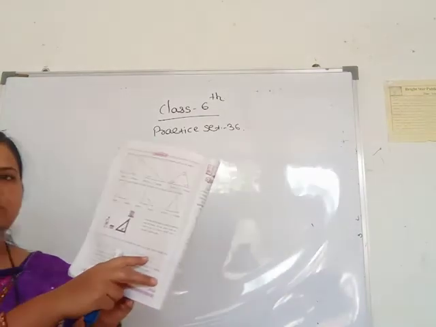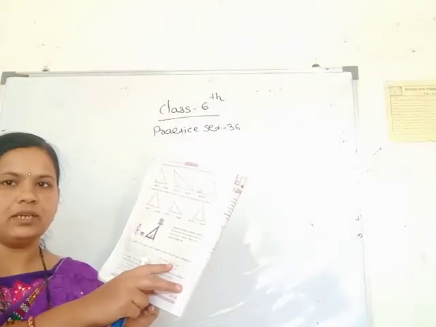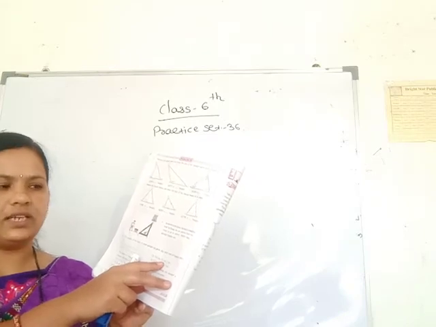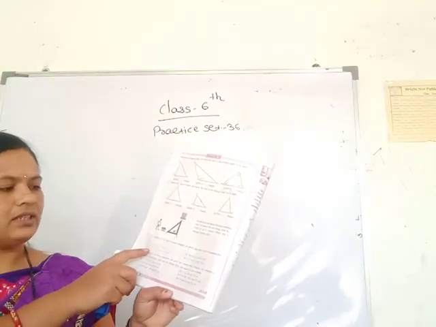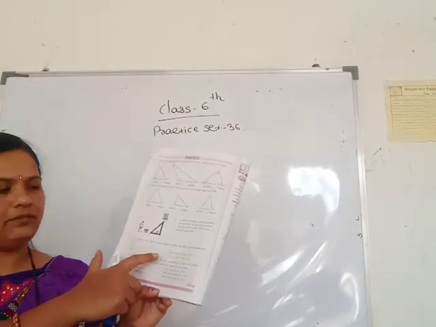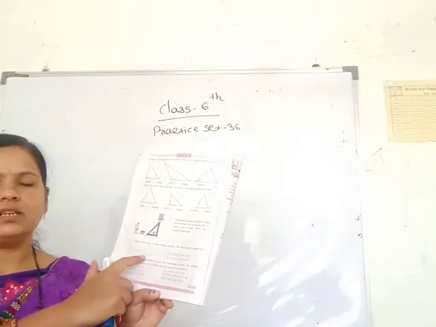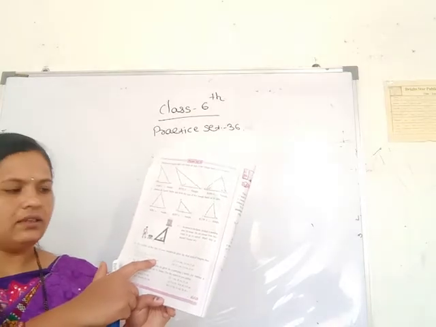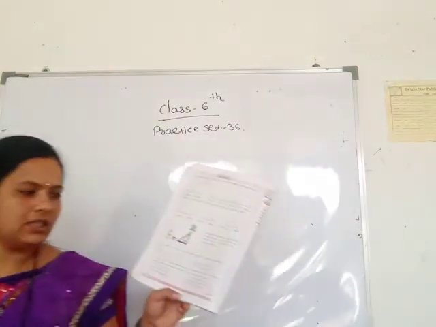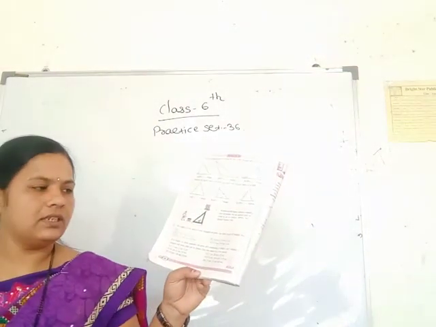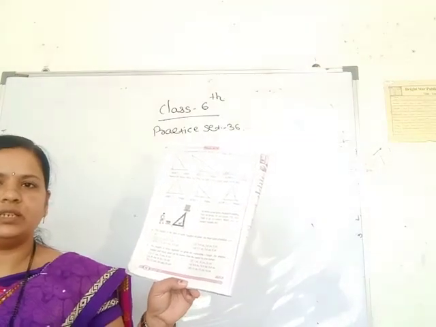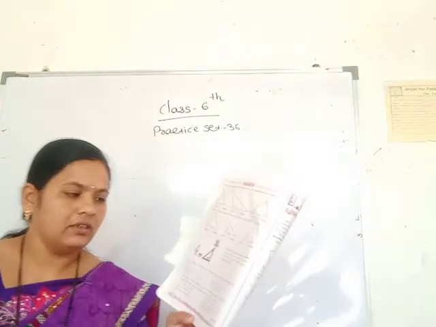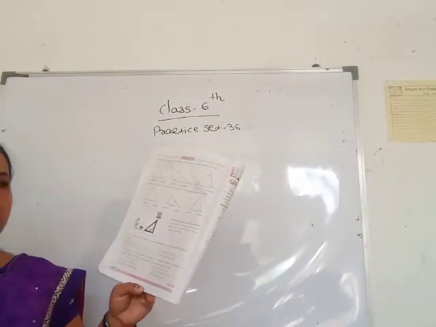Only two sides are equal, so this is an isosceles triangle. Third: 4.3, 4.3, 4.3. Three sides are equal, therefore this is an equilateral triangle. Fourth: 3.7 cm, 3.4 cm and 4 cm. All three sides are different, therefore this is a scalene triangle.